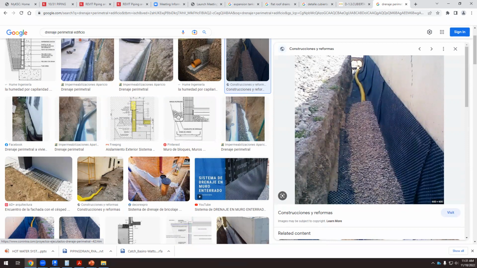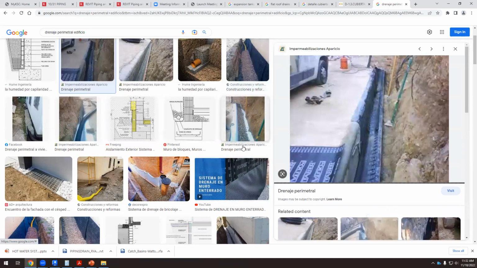And you see that yellow pipe. That yellow pipe is a drainage pipe all around the building. And then we protect the building wall with this material. That's very important, and we tend to forget it.